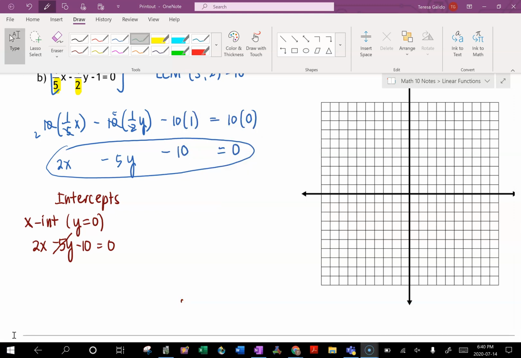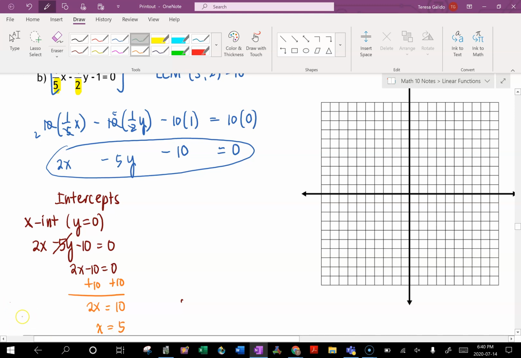So then we can say 2x minus 10 is equal to 0. We add 10 on both sides, so 2x is equal to 10. Divide both sides by 2, so x is equal to 5.